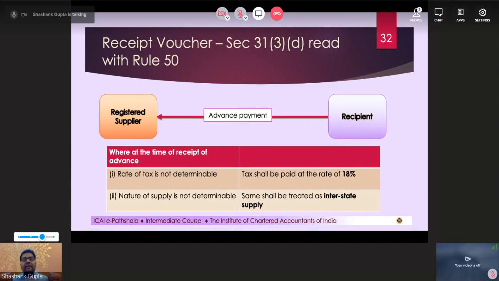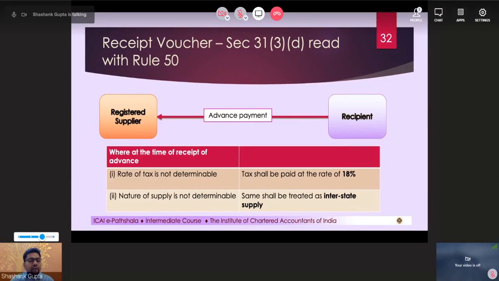One is that if at the time of receipt of advance, it is not clear what will be the rate of tax payable on the supply. So suppose someone says, here is 1 lakh rupees in advance, Shashankji, please keep it with you, and in future if I require any services, you can set off this amount against those services.